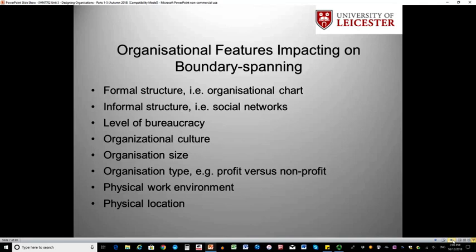But actually, the informal structure, or the social organisation, or the social network, whatever term you want to call it, is incredibly important, if not at least as important as the organisational chart, particularly in relation to innovation. So when we're thinking about organisational structure, it's really important not just to focus on the formal structure, but also on the informal structure, the social networks.